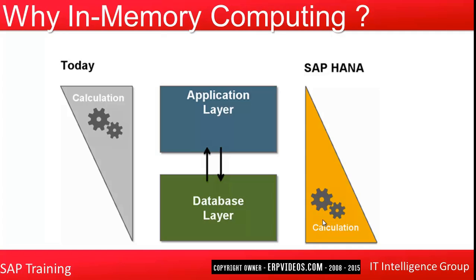So once you create them in HANA, how you can use them in the application layer, and you will see how you can identify the bottlenecks in the application layer and leverage the processing part which is available in the calculation layer in the HANA database.